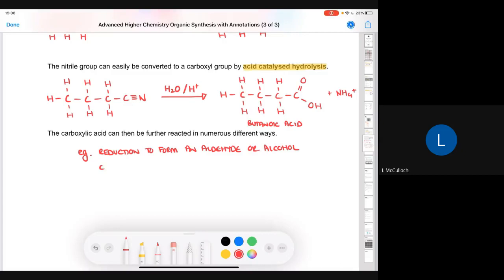We could do a condensation to form an ester or an amide. We could do a neutralization reaction, because it is an acid after all, to form a carboxylate salt.